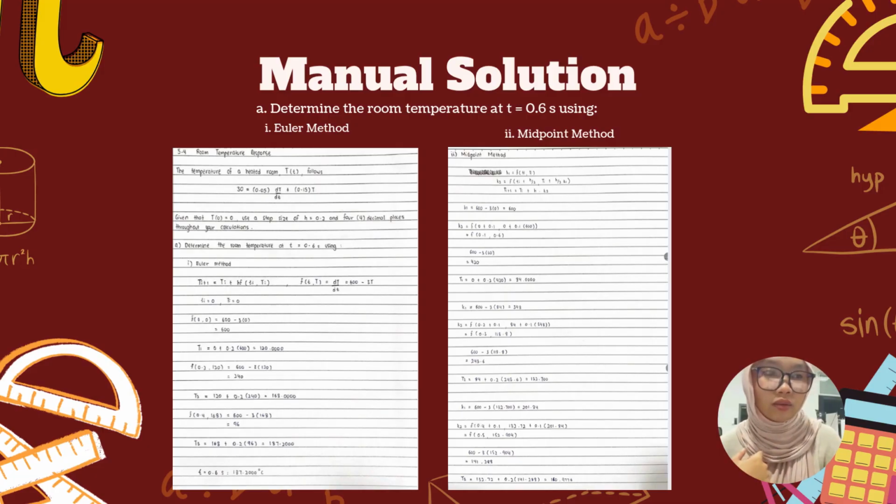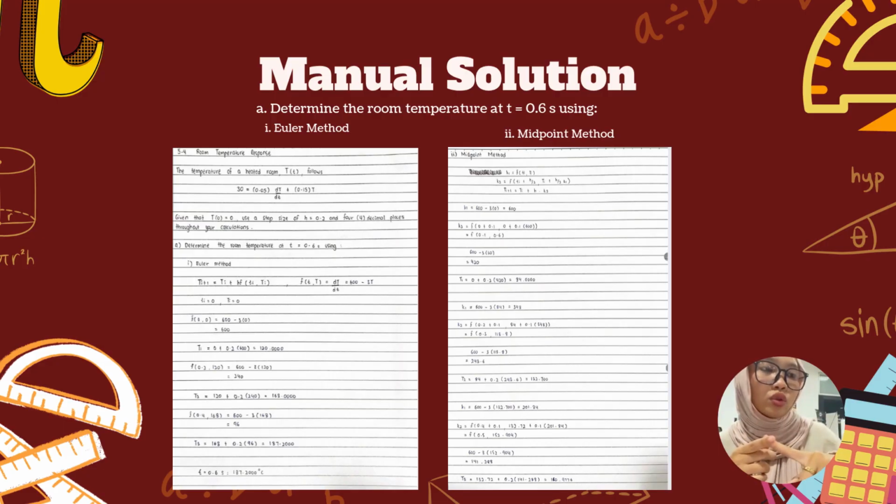For the Euler method, the slope equals 300 minus 3, which is 300. T1 equals 0 plus 0.2 times 300, so the answer is 120.00.